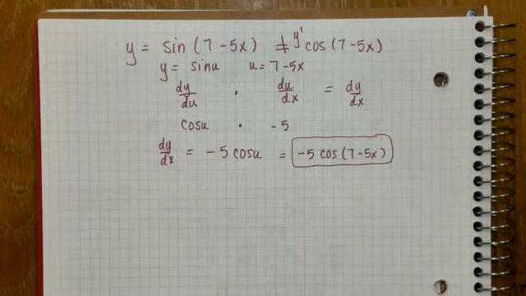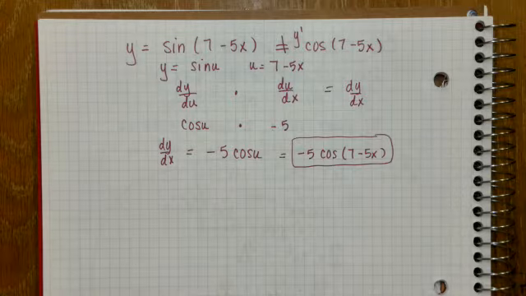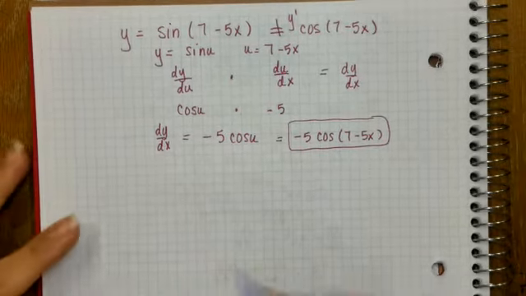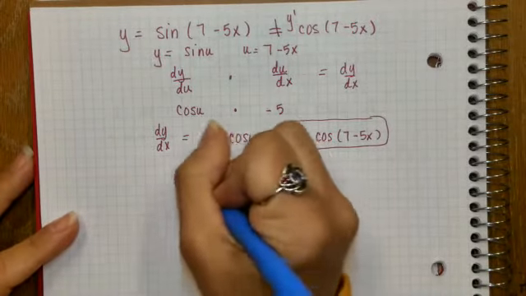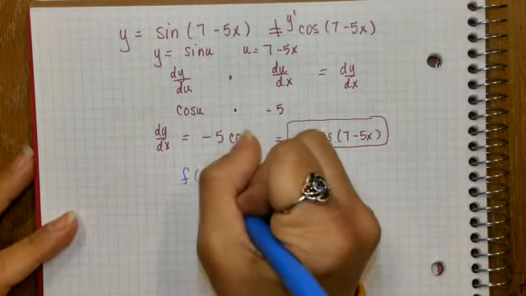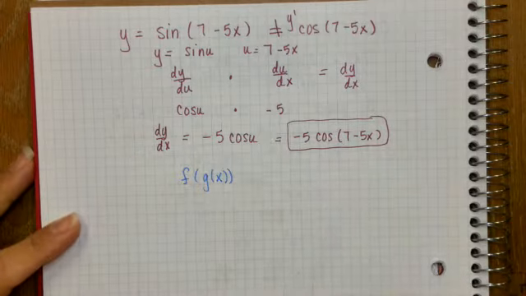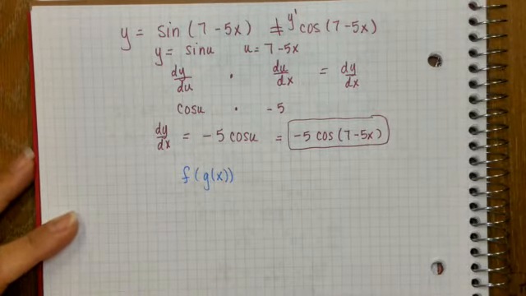Okay, so let's look at a synopsis, and then we will do another example. You have some function that can be written as a composite. This is a composite function.